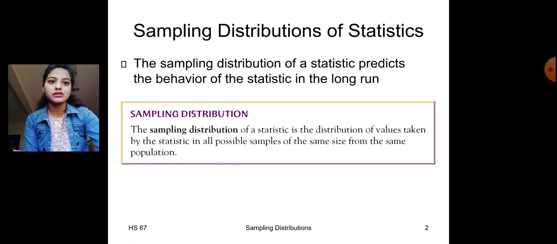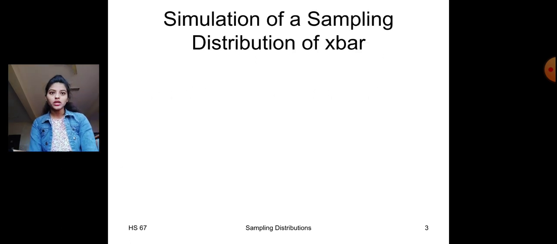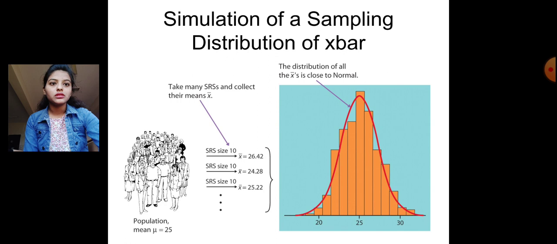So in this topic we will also be learning about the sampling distribution of X bar. As we said, when we have taken 100 people as our sample, we will be grouping each 20 of them or 10 of them, and we will be calculating their mean.